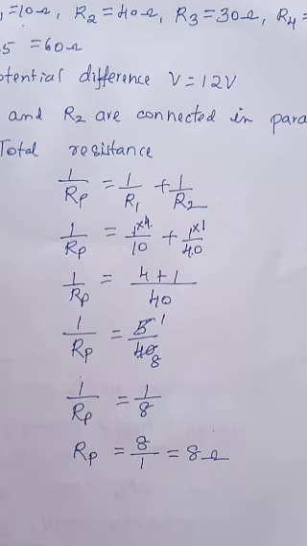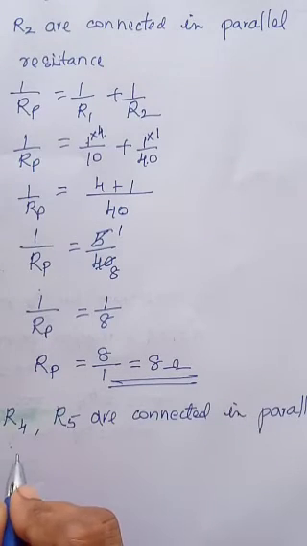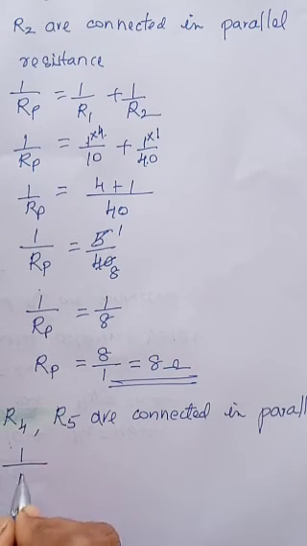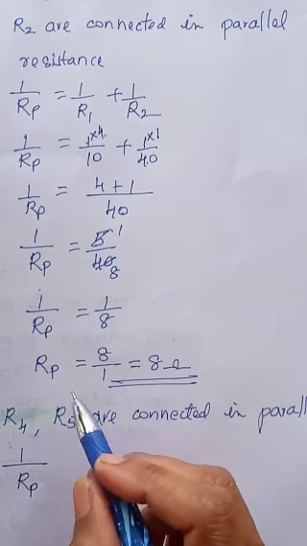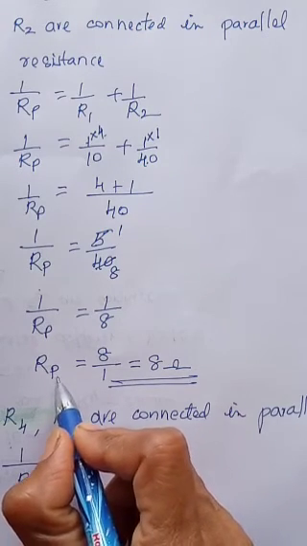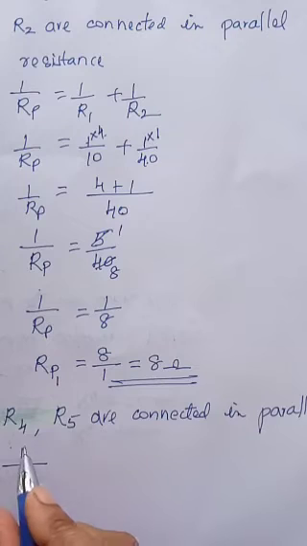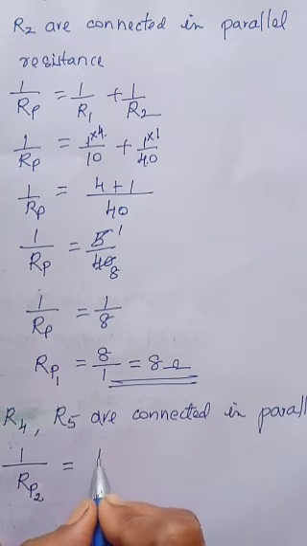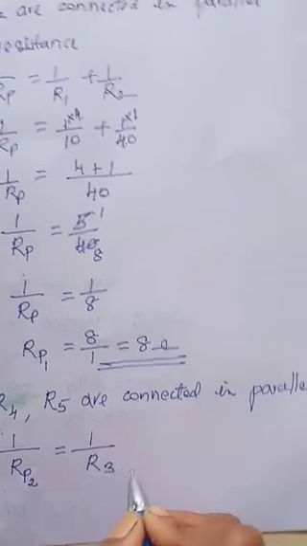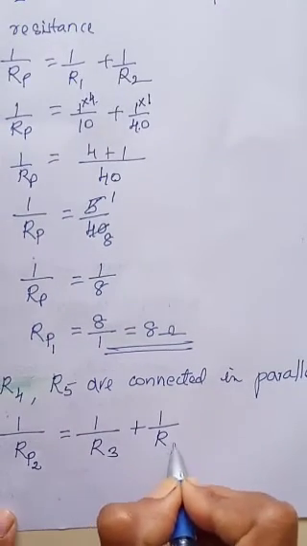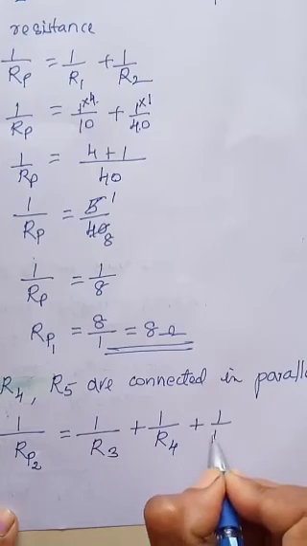Now find the total resistance of R3, R4, R5. R3, R4 and R5 are connected in parallel. Find the total resistance. Here R1 and R2, write it as Rp1. R3, R4, R5, write it as 1 by Rp2 is equal to 1 by R3 plus 1 by R4 plus 1 by R5.